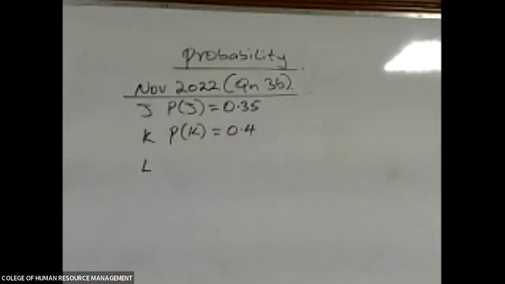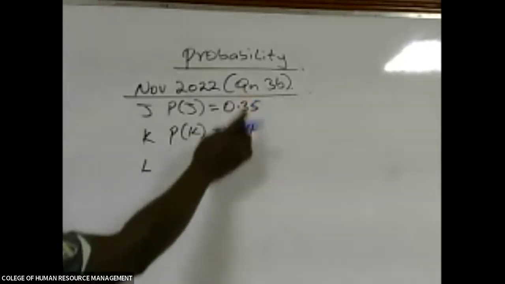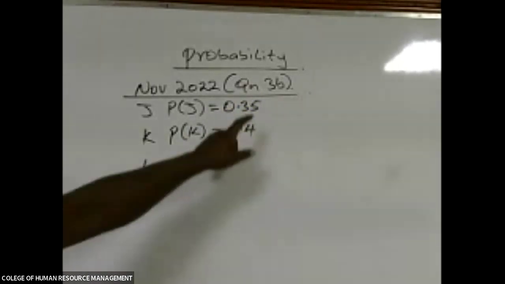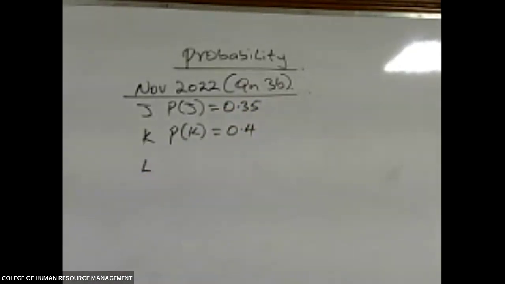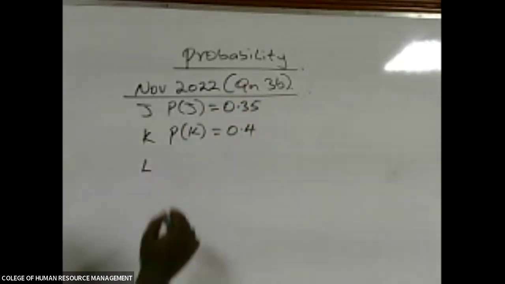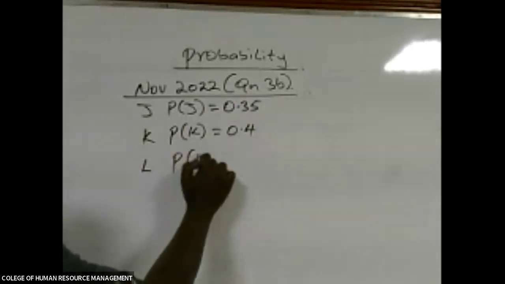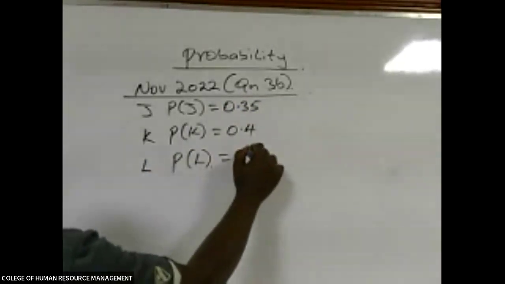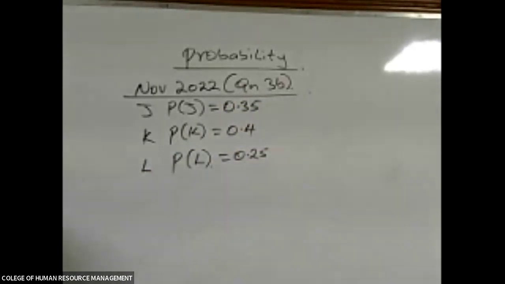Then the rest are made by L. So if you add this, remember they are supposed to add up to 100%. 35 plus 40, that is 75. So the remaining percentage is the probability that the units will be produced by L, which is 0.25 or 25%.